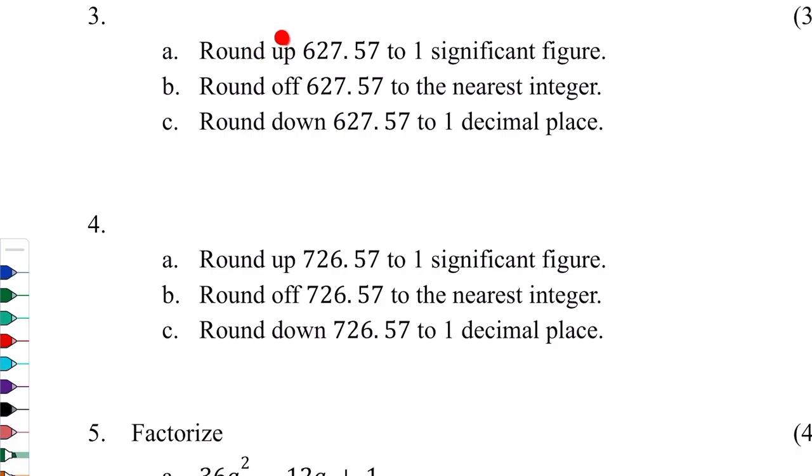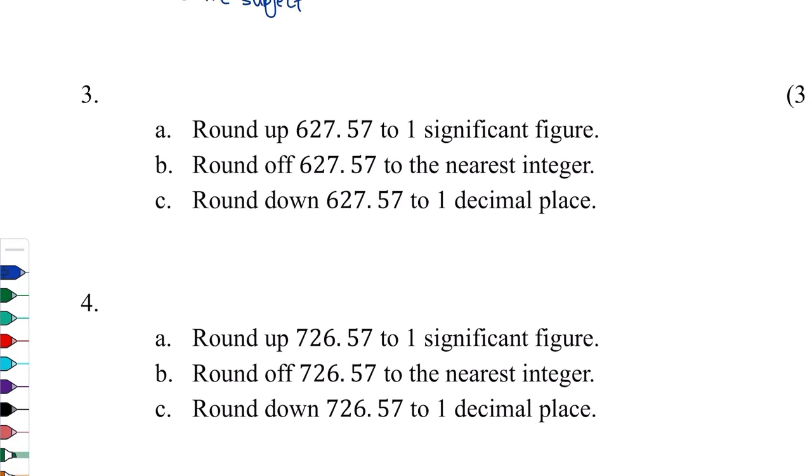So you need to know the round up, round off, round down, significant figures, integers, and also the decimal places. All 6 things is very different. Everything is different here. So first question, round up this thing to 1 significant figure. Now significant figures is, the only difference is that you do not count the initial zero.